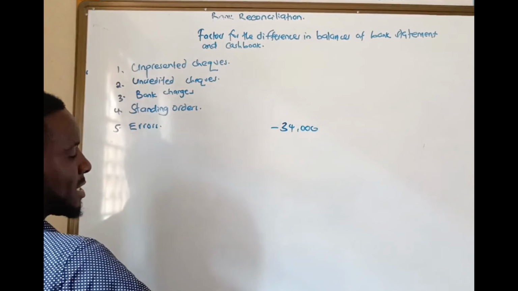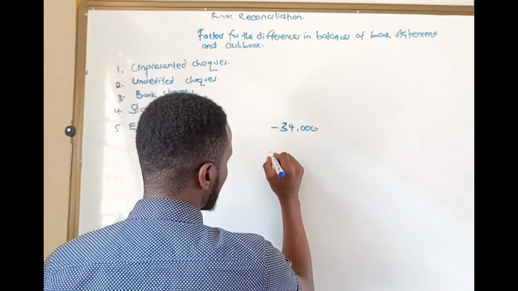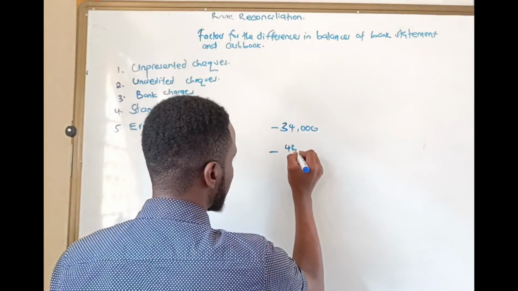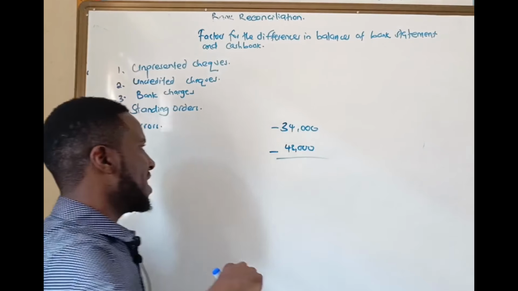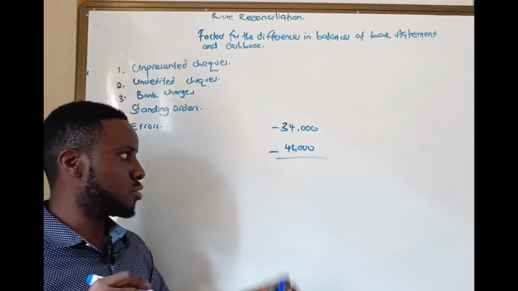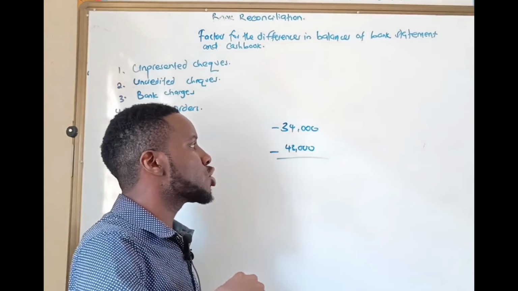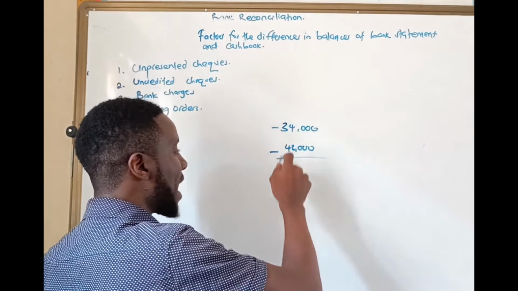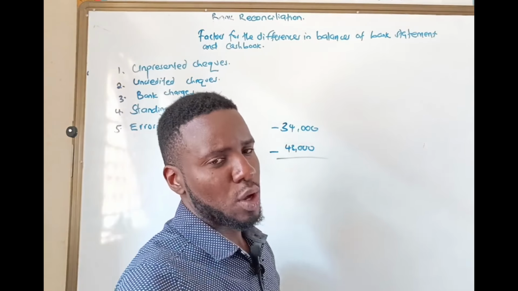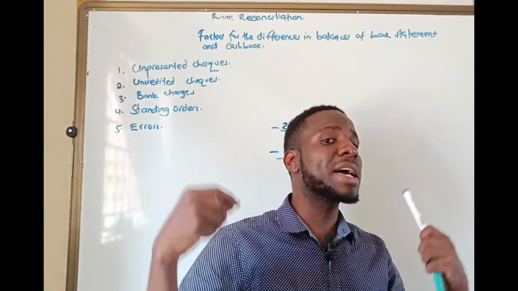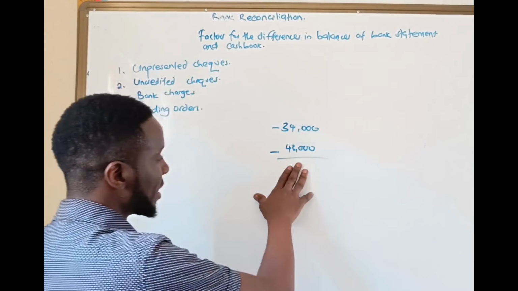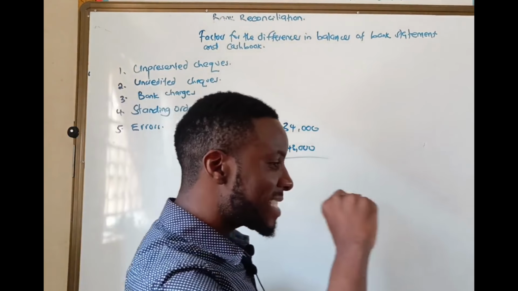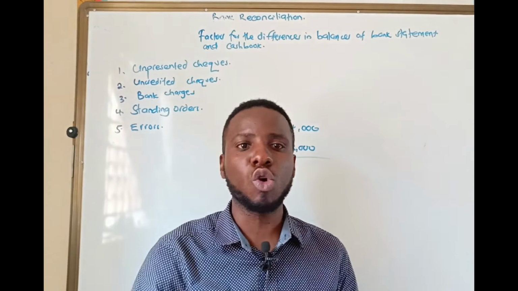Then as an accountant, you might not enter this same amount. You can enter 43,000. So this is an error in the cash book, and you're supposed to come back and correct this error. That's the reason we prepare the adjusted cash book, because in the adjusted cash book, that's where we are going to correct those errors.